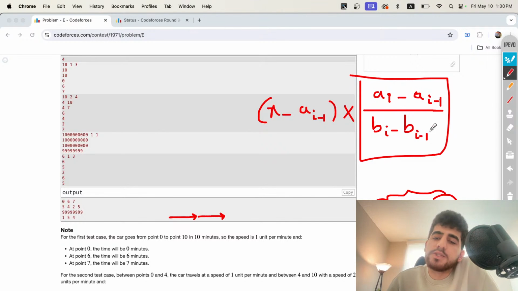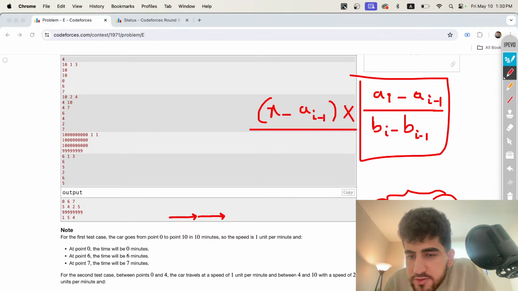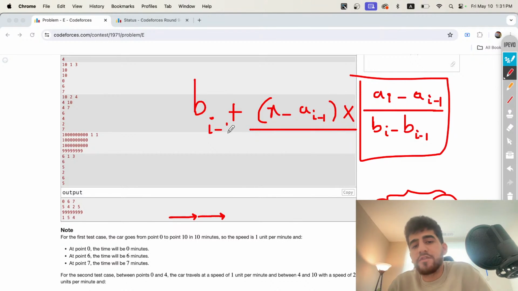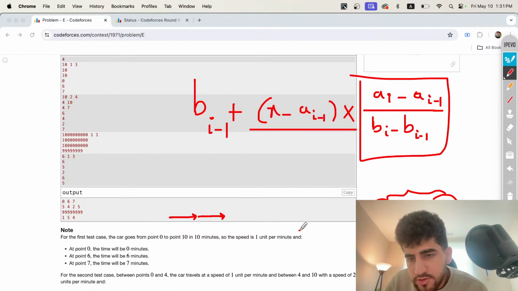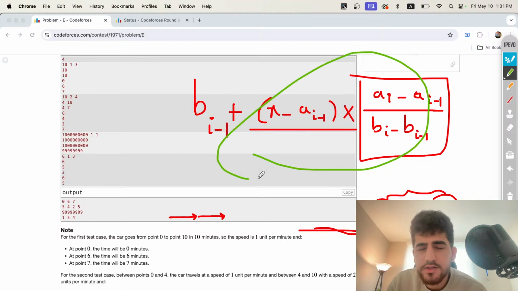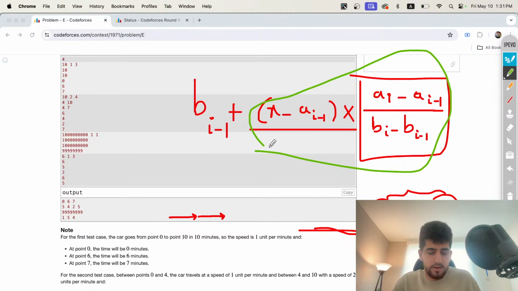I should multiply it by x minus a of I minus 1, and this is the time it takes me to get from there to here. I definitely should add b of I minus 1 to it, because it takes me b of I minus 1 to get to here. So to get here I will have b of I minus 1, and from here to x it takes this much, right? Does it make sense?